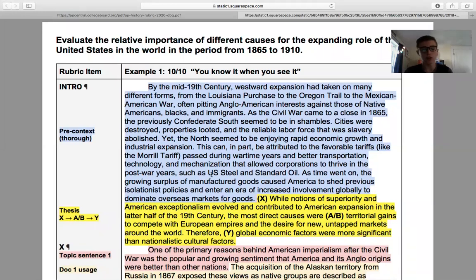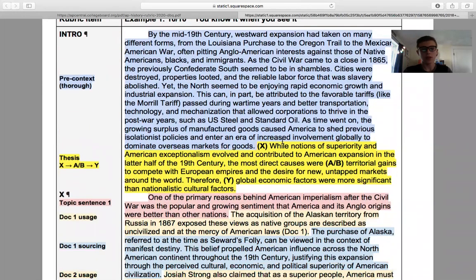They mentioned U.S. Steel and Standard Oil. The thesis: while notions of superiority and American exceptionalism evolved and contributed to American expansion in the latter half of the 19th century, the most direct causes were territorial gains to compete with European empires and the desire for new untapped markets around the world. Therefore, global economic factors were more significant than nationalistic culture factors.